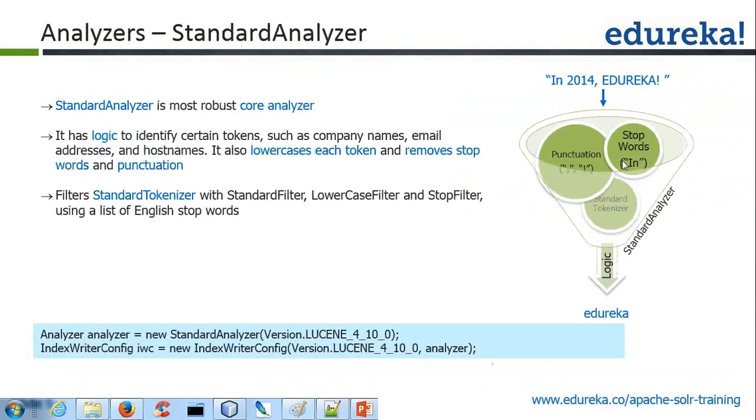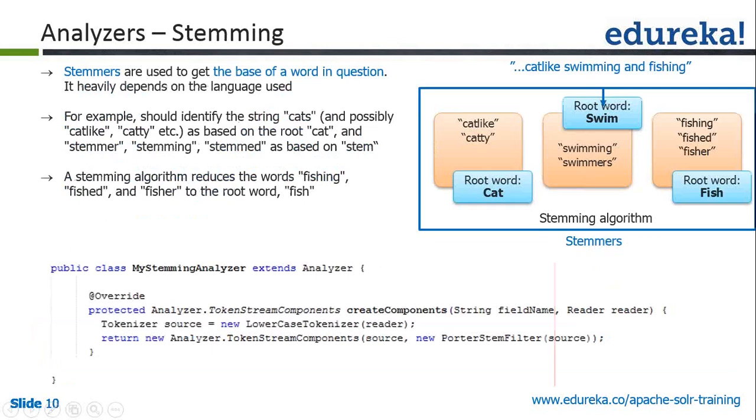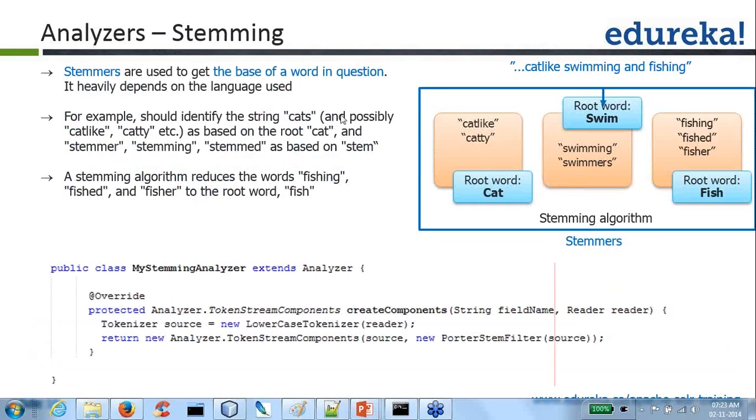If your application or use case has this kind of requirement, you have to use a stemming analyzer. The stemming analyzer also expands the token stream so that you can search with multiple terms even though the document contains only one of them.